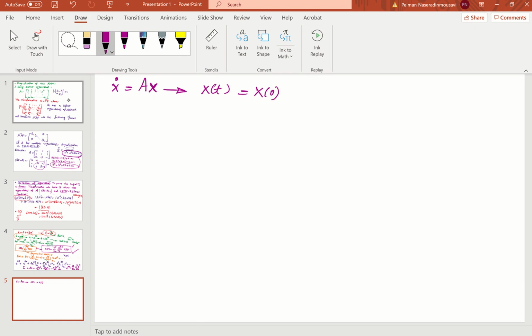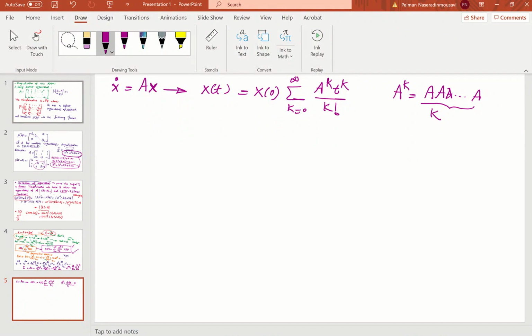this state variable at time 0 times the sum of k from 0 to infinity of A to the k, t to the k over k factorial. Guys, A to the k is not every element, that means A multiplied k times, that's right. So get this matrix.